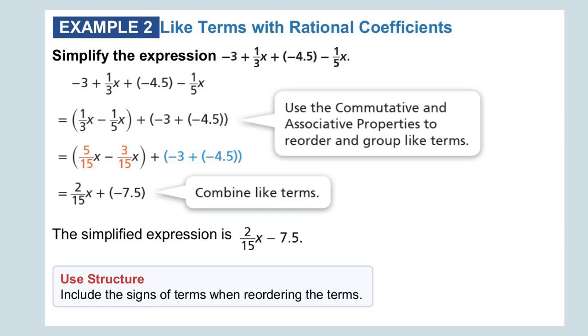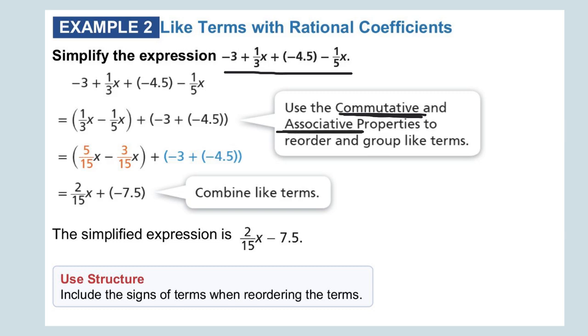All right, here's example number 2 on page 211. So here's our problem, they want us to simplify it. That means we're going to combine like terms. And if you remember, we're going to rearrange them so that like things are together, and then we're going to group them.